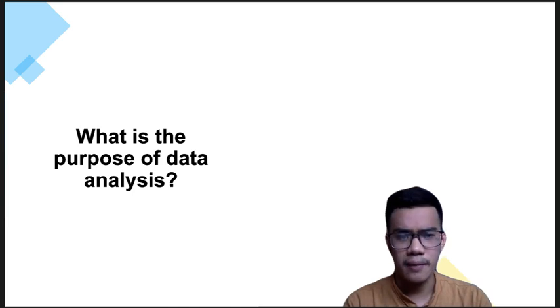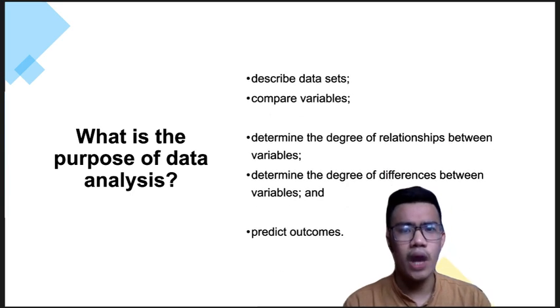So here they are. Number one, to describe data sets. Number two, to compare variables. Next, of course, in order for us to determine the degree of relationships and differences between variables. And finally, to predict outcomes or to answer our research hypothesis.